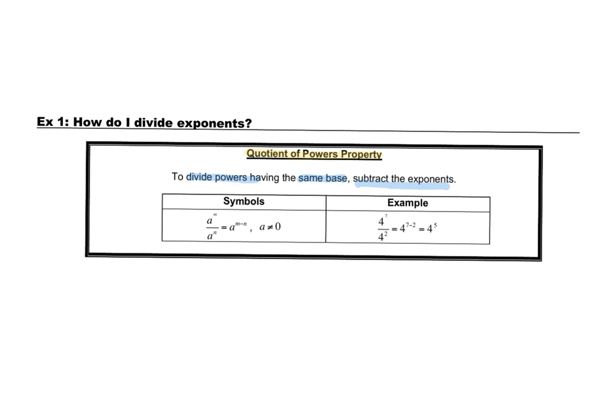Well, let's take a look at what that looks like over here with our example. We have 4 to the 7th power divided by 4 to the 2nd power. So basically what we have here is 7 4s, and then we have 2 4s on the bottom that we're dividing by.